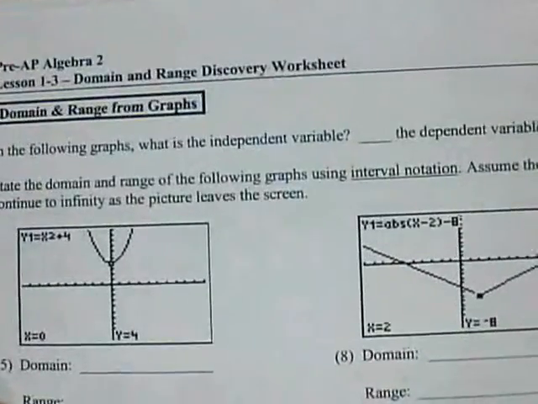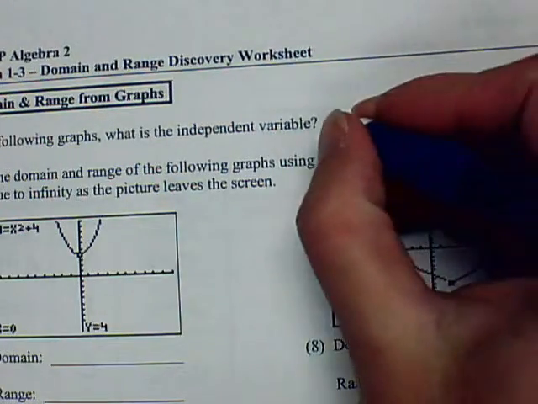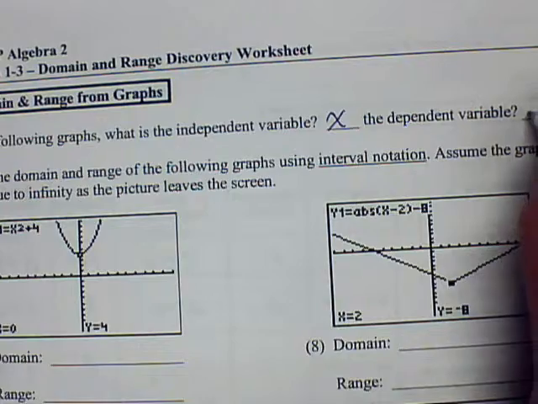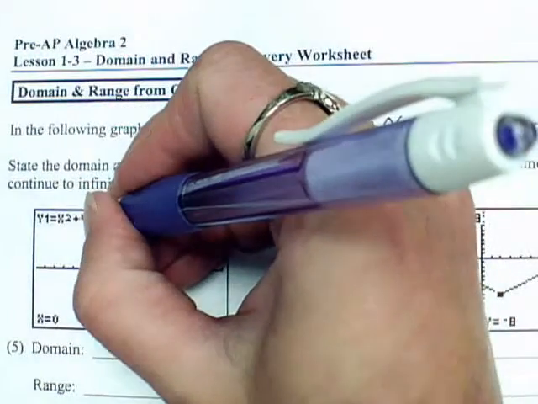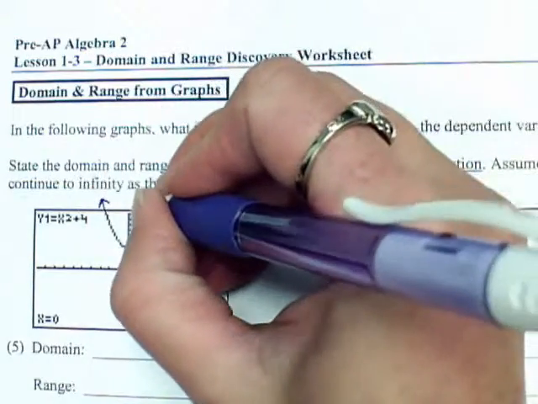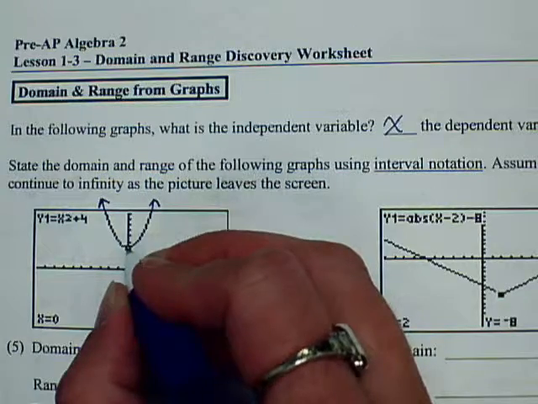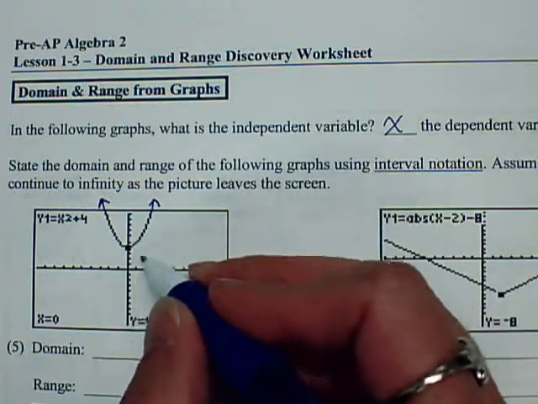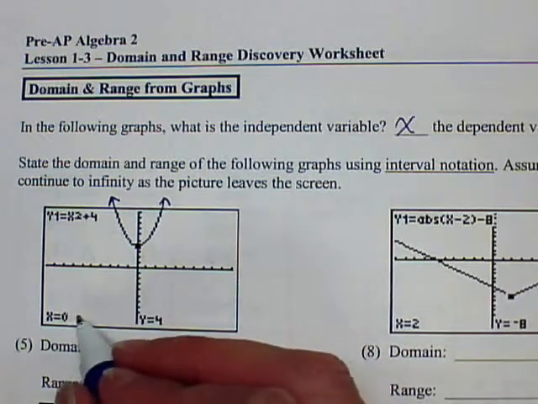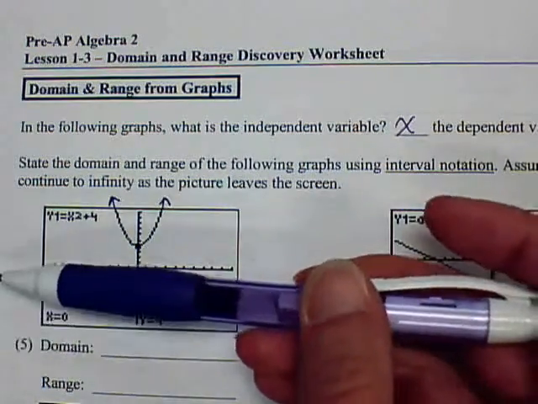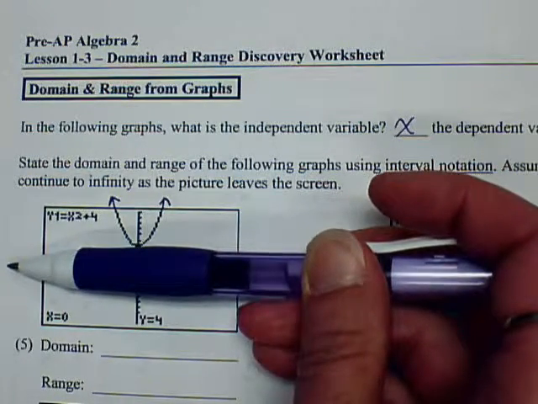On each of these graphs, it's x's and y's. So our independent variable is always the x. Dependent is always the y. We're going to assume that when they go off the picture, that they keep going on and on forever. And this is just the pointer of saying where that graph is at that time, and it's at the point 0, 4. My domain, or what are the x values that have points associated with them.